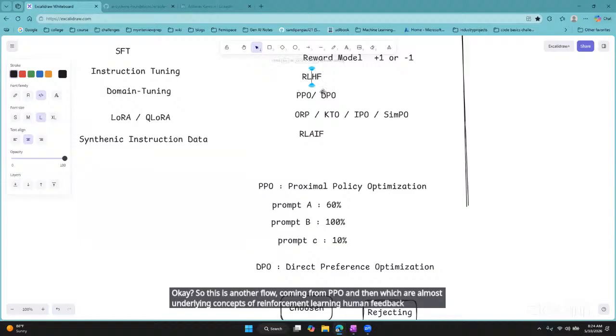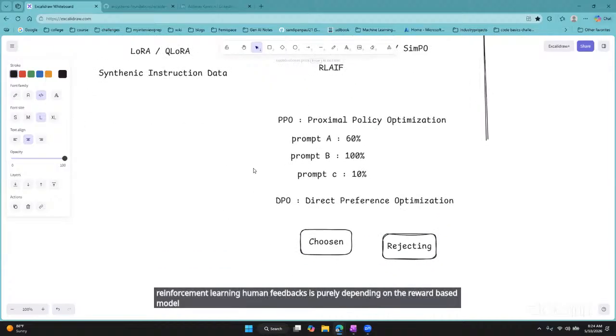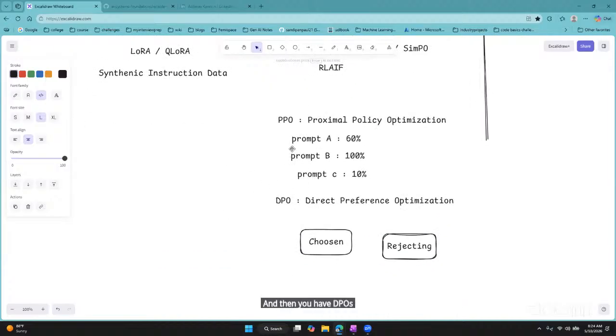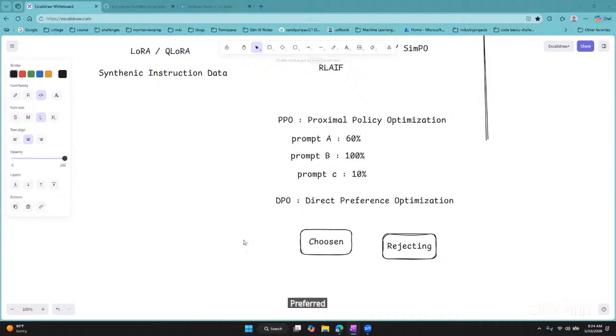And this is purely dependent on the reward based model. Then you have DPOs, and then you have PPOs, and the PPOs should not change aggressively. For that, you need DPO, which looks at which response the user chooses. The model will try to understand those preferred responses only.